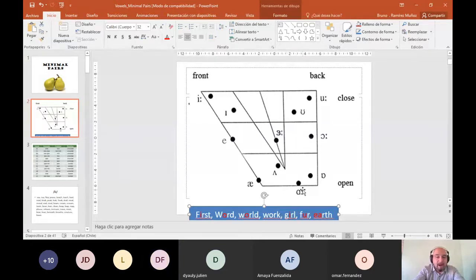So when you say car or father, the mouth opens wider and the back of the tongue goes a little bit more back. So those are the three problems that I can see with the production of /ɜr/ and /ɑ/.